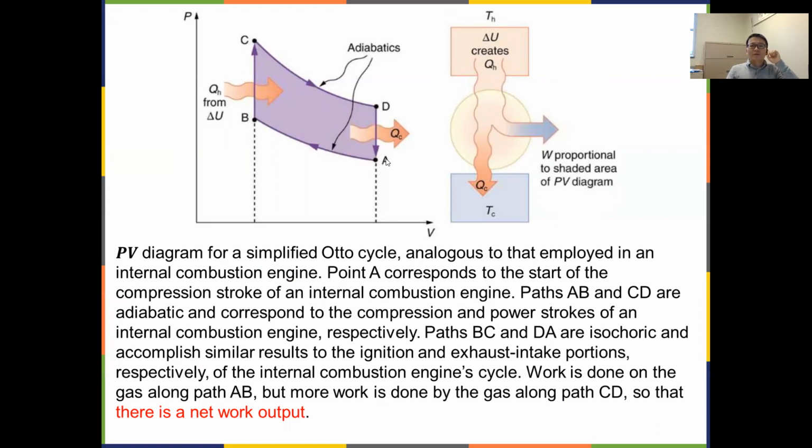All right, so this corresponds to the compression part initially, after it takes in the fuel and air, it compresses, and then ignition happens, a chemical reaction happens, and a lot of heat is generated and added to the gas system. The piston then expands, or the engine that contains the gas expands, that's the work to the outside, and then now it dumps heat to the environment for that part.